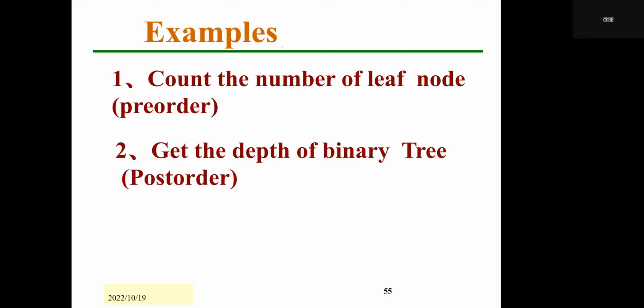Okay. Let's look at the first problem, count the number of leaf nodes. Do you remember what a leaf node is? A leaf node means the node has no left child or right child, right? So we call such a node a leaf node, just like the leaf in the real world, right?